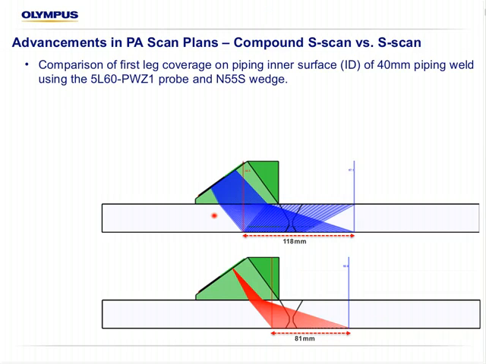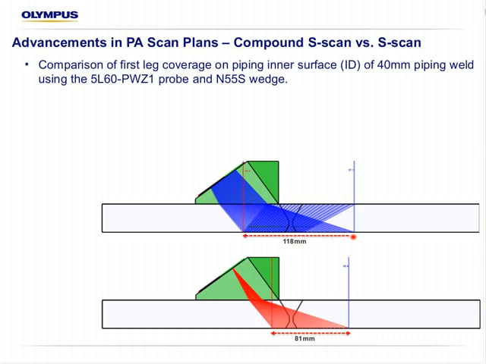The ID coverage, and this is a 1 millimeter pitch, 60 element Pipe Wizard 1 probe with a shear wave 55 degree wedge that's typical of pipeline and large vessel inspections. We can see that use of the compound S-scan and a large aperture gives us 118 millimeters of coverage between the 40 to 70 degree beams.